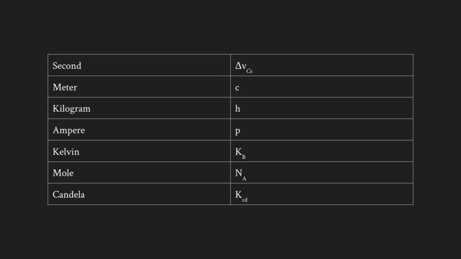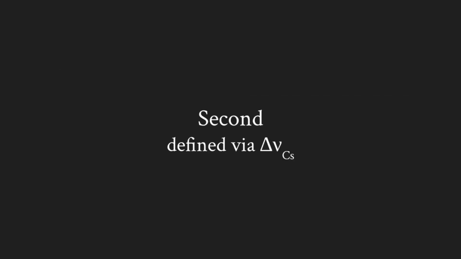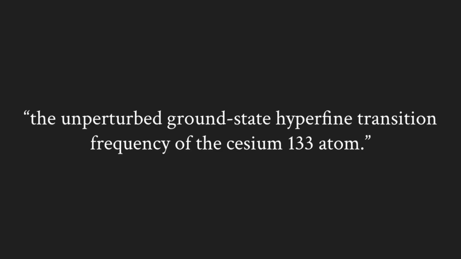in their definition. The first base unit, the second, is defined by the rather boringly named cesium frequency delta nu Cs, the unperturbed ground state hyperfine transition frequency of the cesium-133 atom. It's just a specific radiation wave that's always released by a specific action. Every radiation wave has a specific frequency, and that's the amount of periods per second.